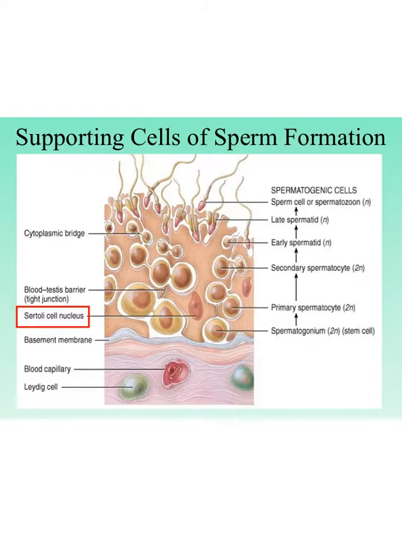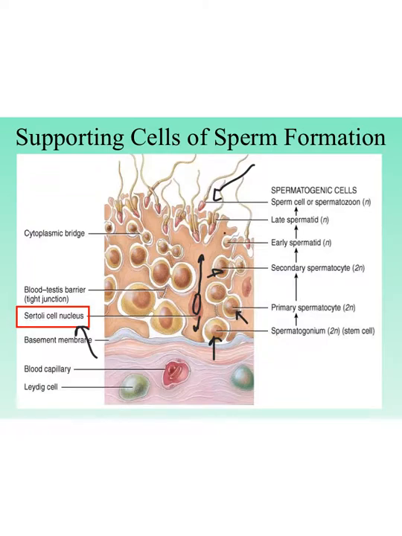And another little diagram here. Since this is in red, I'm guessing that's going to become important. The Sertoli cells, that's the nucleus of the Sertoli cell, and this whole thing is a Sertoli cell. And it's like an accessory structure. It supports the developing sperm cells before they become fully developed up here.